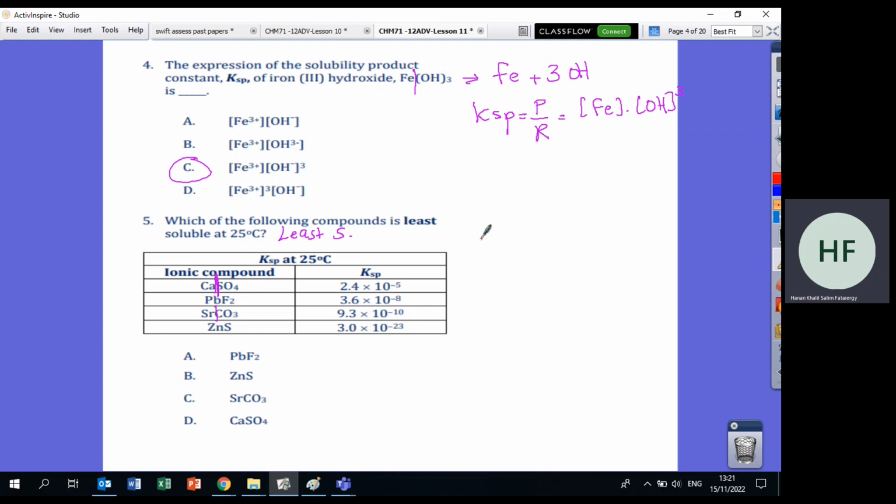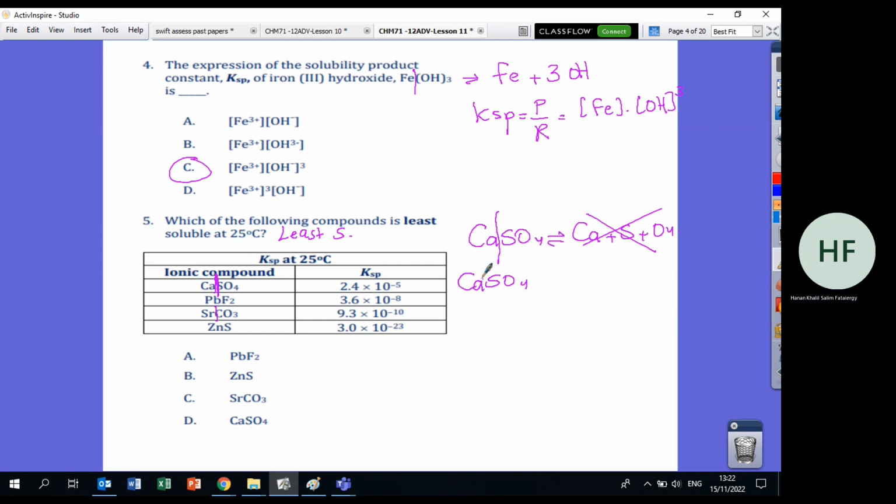I want to tell you something. Some common mistakes the students make is that they think CaSO4, when it dissociates, will give you Ca plus S plus O4. This is very wrong. Usually you dissociate it into two parts only. It cannot dissociate into three parts. Another common mistake, they say CaSO4 will give you Ca plus 4SO.